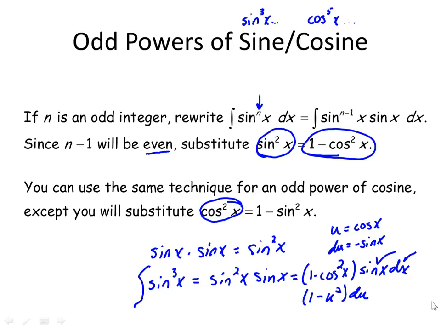So, if you have an odd power of sine or cosine, your ultimate goal is to pull a sine out or a cosine, depending on your case, and make the remaining sines or cosines into a sine squared something or a cosine squared something. And hopefully it'll just be a sine squared or a cosine squared. But if not, that's okay. We can do the algebra.